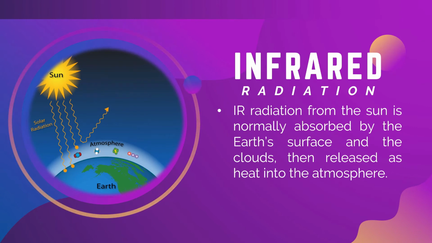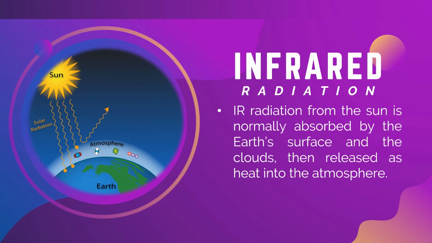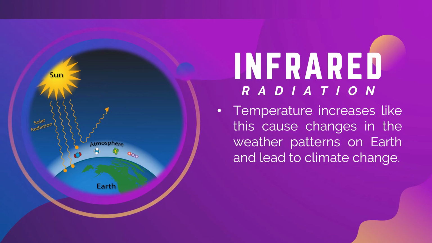We know that the sun emits radiation. Ano na ba ang ginagawa ng Earth dito sa radiation na nagagaling sa sun? So the Earth's atmosphere, particularly the clouds, just like what is shown in this illustration, absorbs the radiation. And as it absorbs radiation, nire-release naman nila ito in the form of heat. Now, dahil tumataas yung temperature, this causes changes in the weather patterns here on Earth.